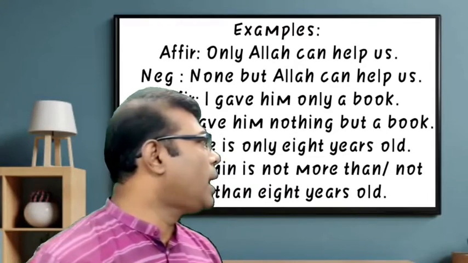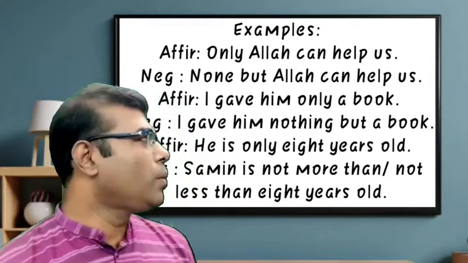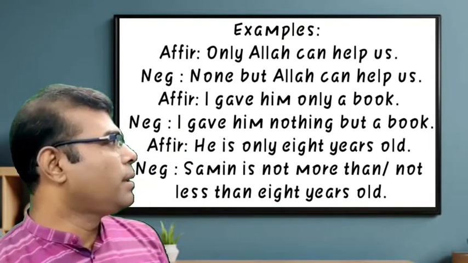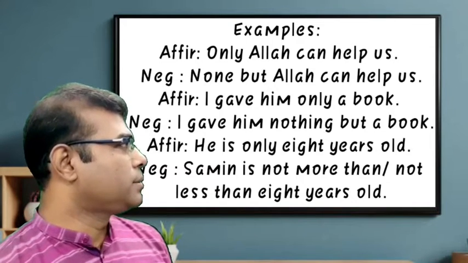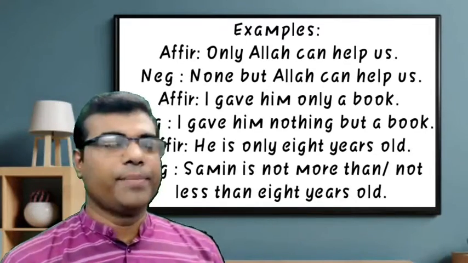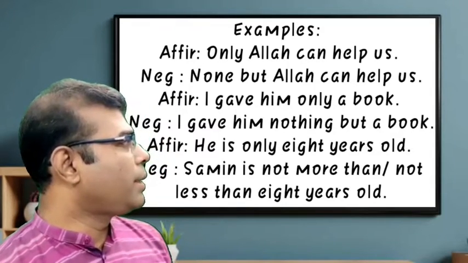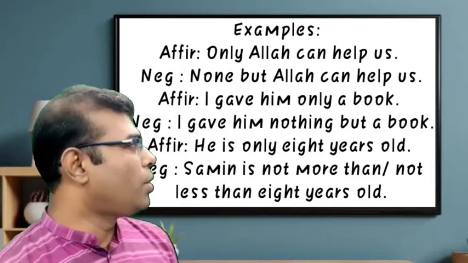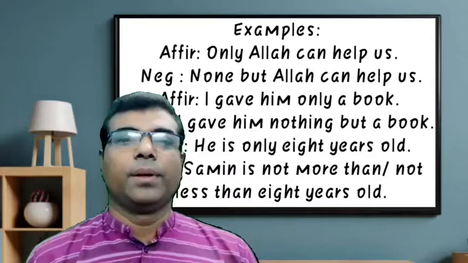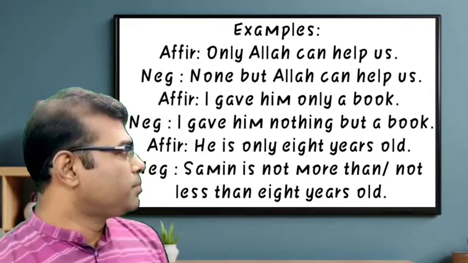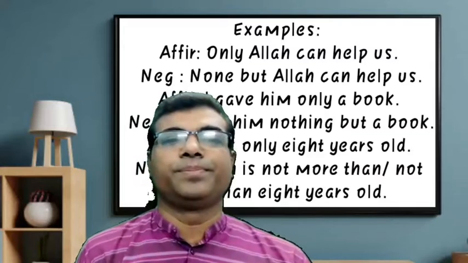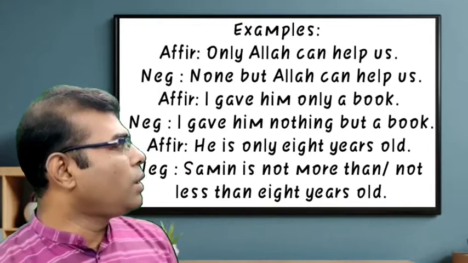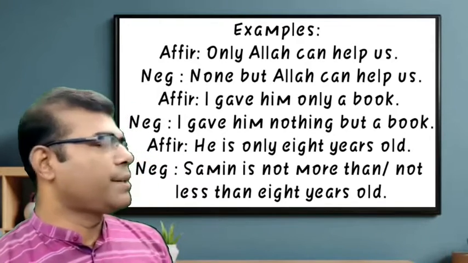I gave him only a book. Here only indicates a thing or object. A book is an object or a thing. So we have to use nothing but instead of only or alone. He is only 22, or Samin is only 8 years old.